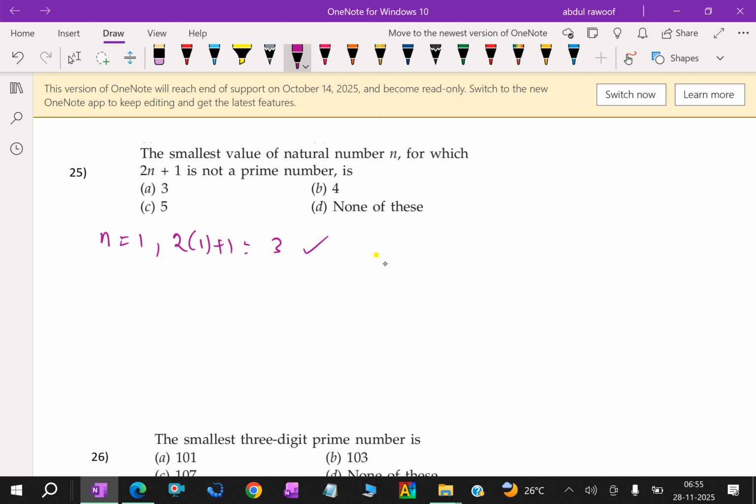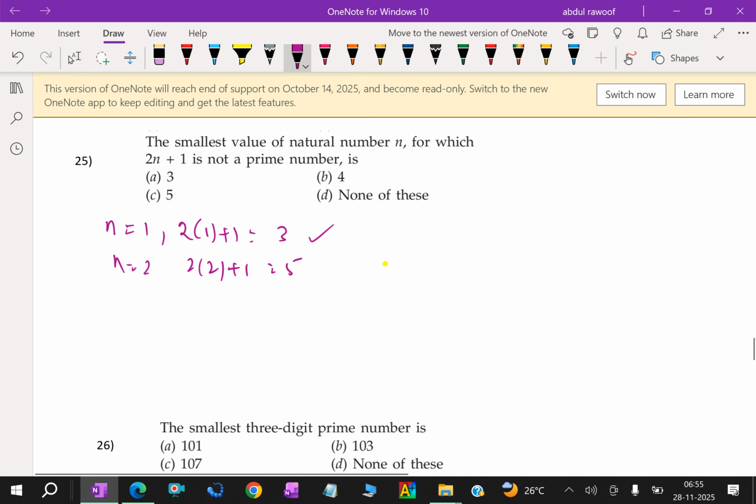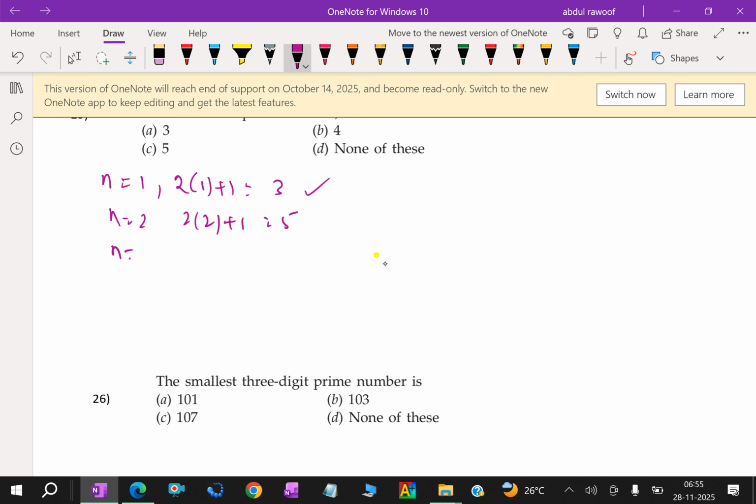It's a prime. n equal to 2, 2 into 2 plus 1, 5. n equal to 3, 2 into 3 plus 1, 7. It's a prime.